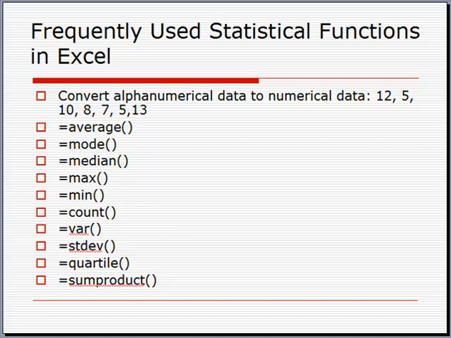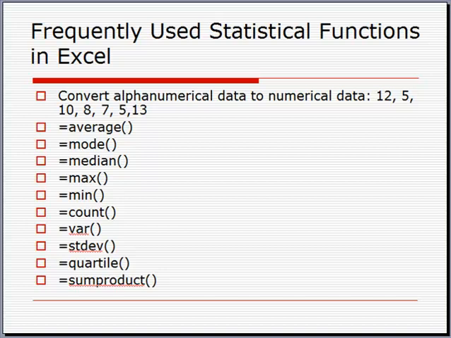However, before you can do all the calculations, we need to change alphanumerical data, which you copy from Microsoft Word or PowerPoint, into numerical data in Excel, so Excel can perform all the data analysis.